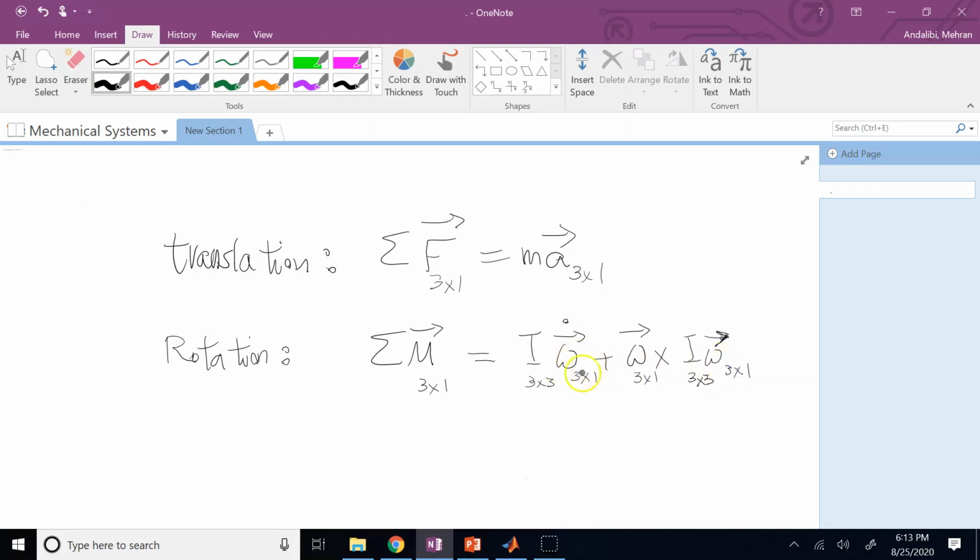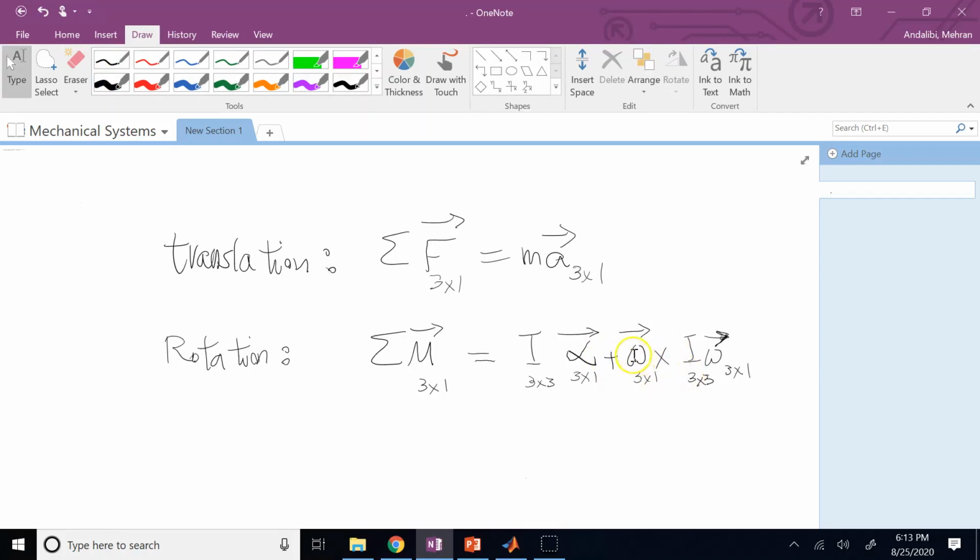And this omega dot you can also call alpha, the angular acceleration, if you want. So these were the governing equations for translation and rotation.